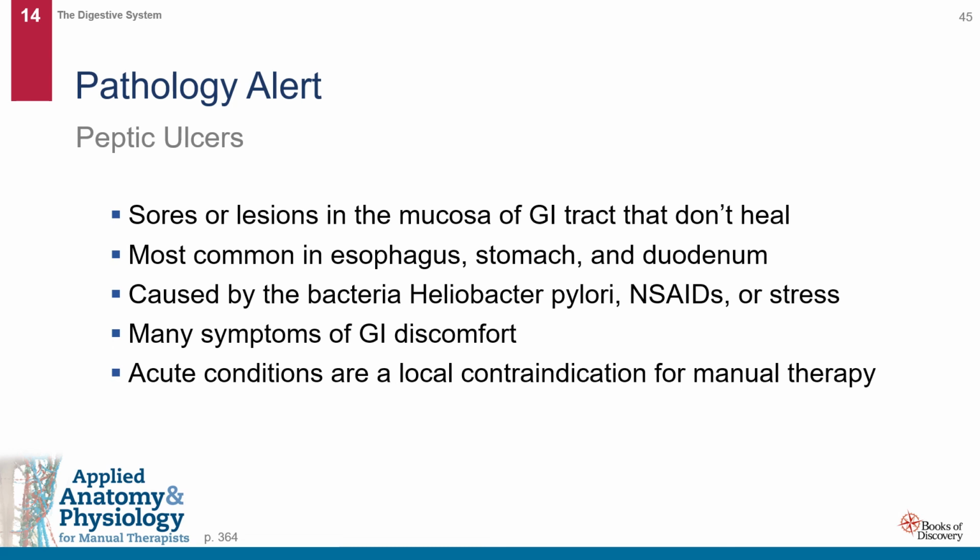If left untreated, ulcers can penetrate through the epithelial lining into the submucosa and begin to bleed. In their acute phase, ulcers are considered a local contraindication for any form of direct manual therapy, such as massage.